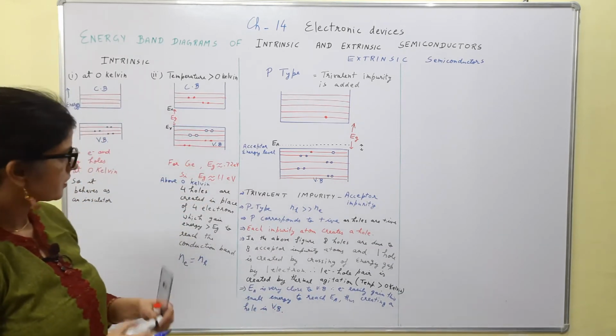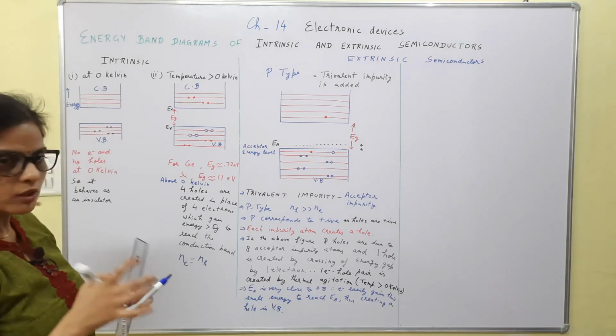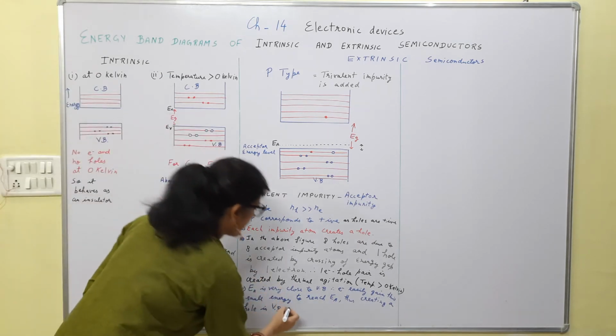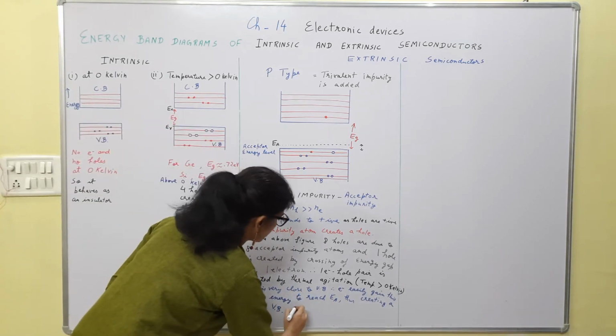So that means the holes are the majority carriers in p-type semiconductors.